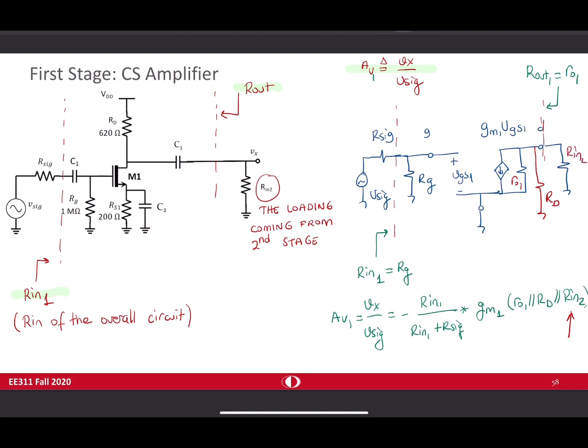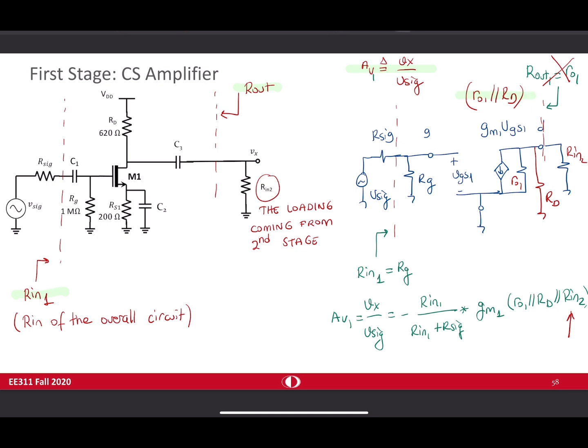So the output resistance is, in fact, Ro1 in parallel with Rd. Sorry for the mistake, because I drew Rd and Rin1, Rin2 as in parallel as a single resistor. That was a mistake, so I have to put them separately so that Rout has Rd component as well. So this is the corrected version, so please use it.